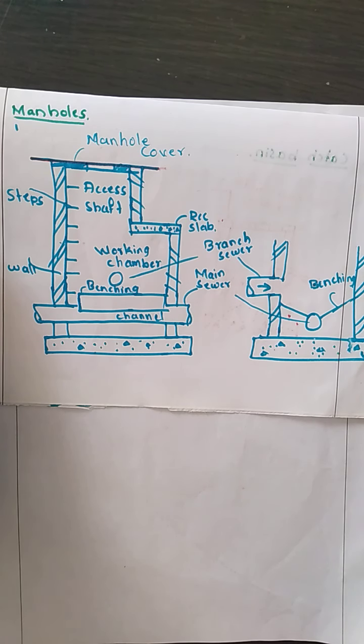Now normal manholes are usually provided when the depth is around 1.5 meter, and they are constructed either square or rectangular. On roads, you can see some rectangular openings with a manhole cover, about 1 by 1 meter.